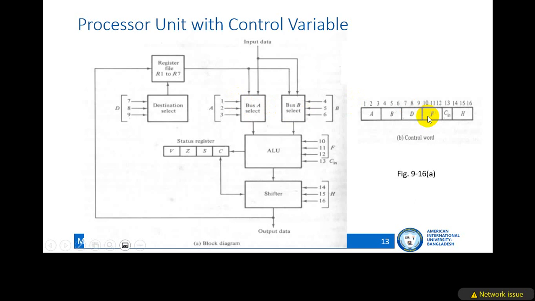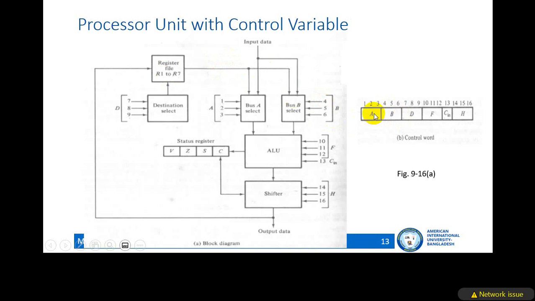Yes, look at over here. It will be more clear if you analyze this control word. Control unit will generate the control word with every clock cycle. Look at over here. This is A. It has 3 bits. So control word will have these 3 bits over here so that you can select your register of choice. Similar way, this B inside the control word, B is also 3 bits long, 4, 5, 6. So this B will have this particular 3 bits so that you can select a particular register.